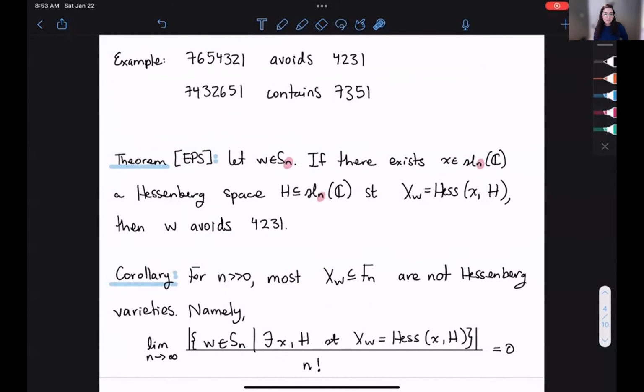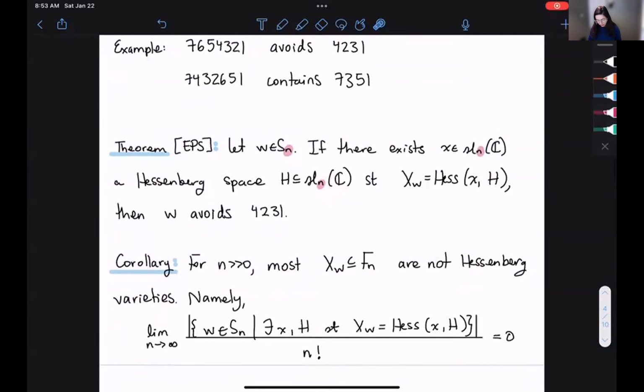So we have an immediate corollary from the Marcus-Tardos theorem, also known as the Stanley-Wilf conjecture, that most Schubert varieties are not Hessenberg varieties. Namely, you take the limit of the number of permutations for which the associated Schubert variety is equal to a Hessenberg variety, divided by the number of permutations, and this limit goes to 0.